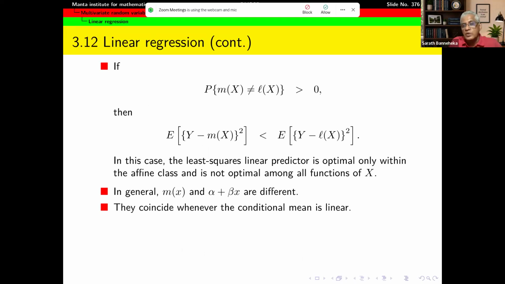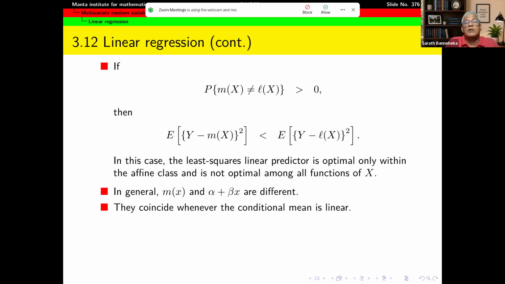If m(x) is not equal to l(x) always, that means if m(x) is equal to l(x) maybe at some times, but not with probability 1, I made a mistake.